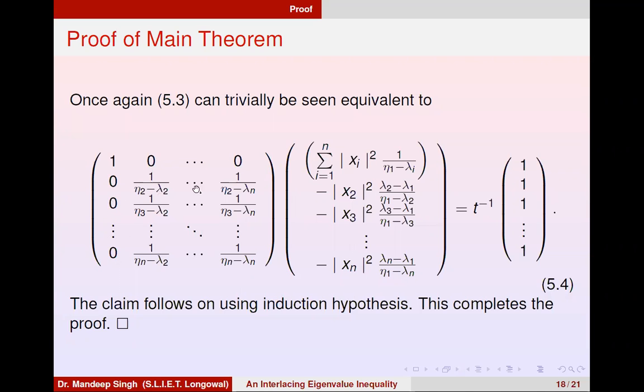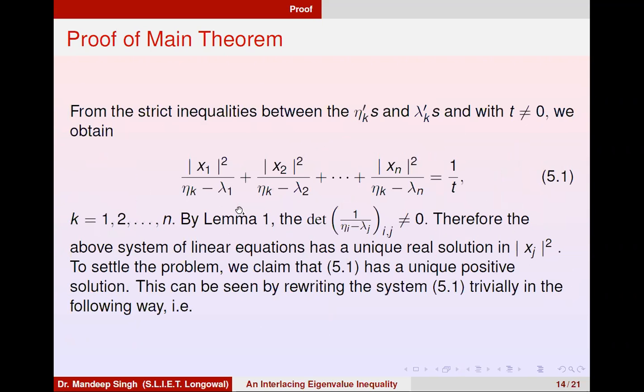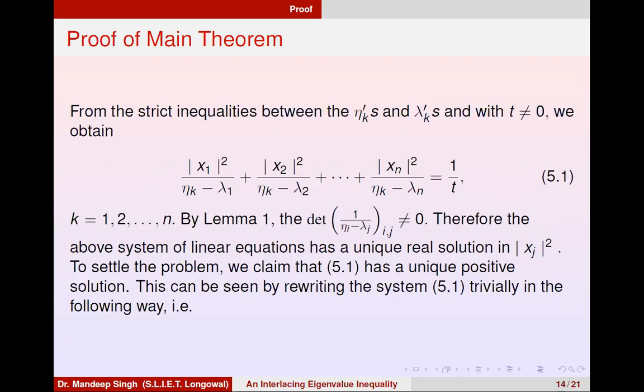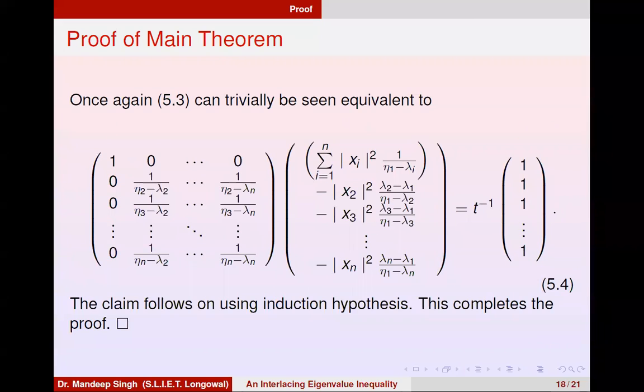And if I apply my induction to the system of linear equations, to the solution of equations of this, here I can just get the solution of this submatrix, means x2 to xn are obtained, and the first equation would give me x1.